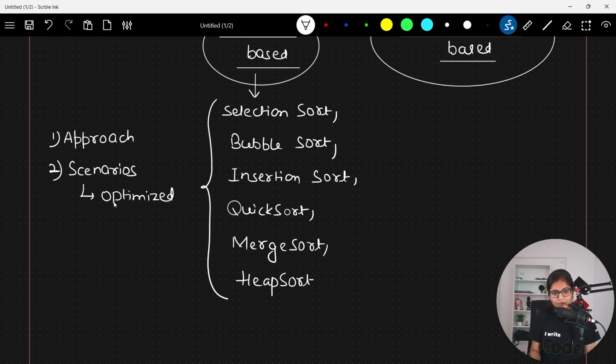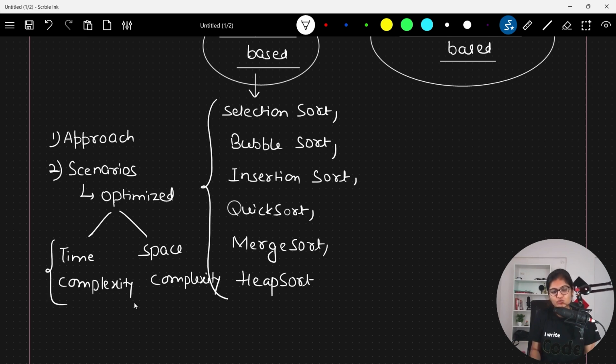How will you get the optimized one? How will you compare whether this sorting algorithm is optimized or not? By using the concept of, everyone I hope now knows, time complexity and space complexity.